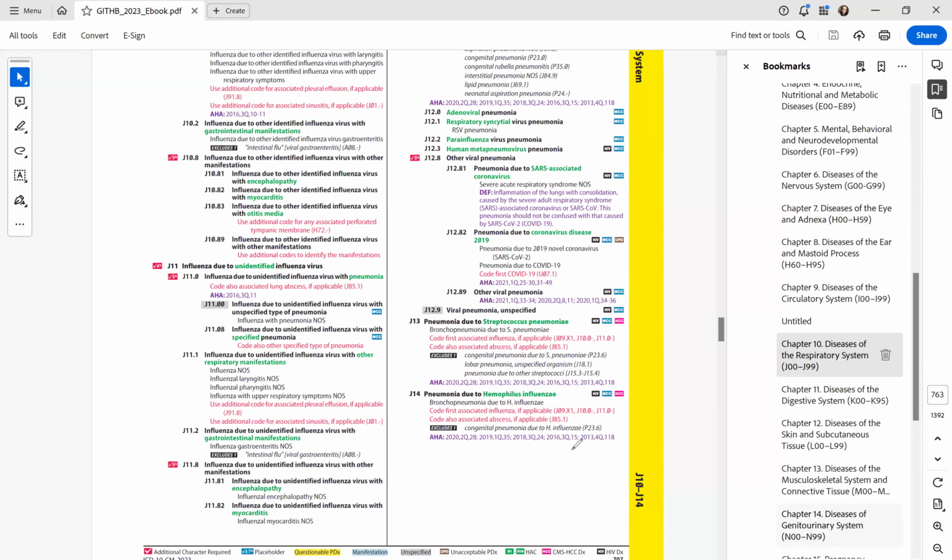And here's what I was talking about with these. You can see right here, code first, associated influenza, if applicable, J09.X1, and so on. Code also, meaning to follow the associated abscess.